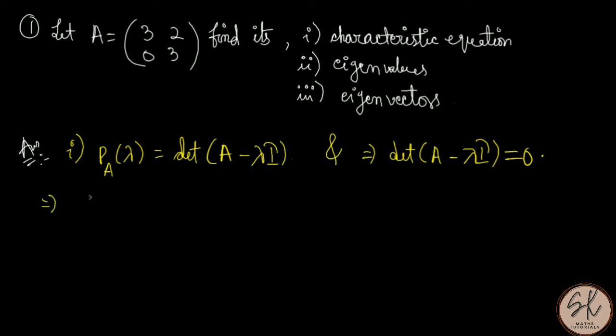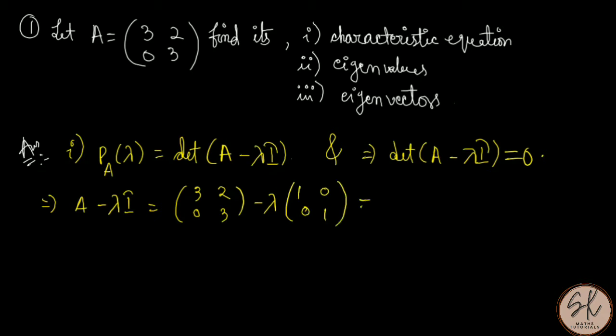So now first let us find A minus lambda I. A minus lambda I equals [3 2; 0 3] minus lambda times the identity [1 0; 0 1]. So we got this as [3 minus lambda, 2; 0, 3 minus lambda].